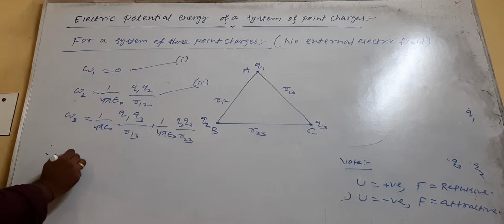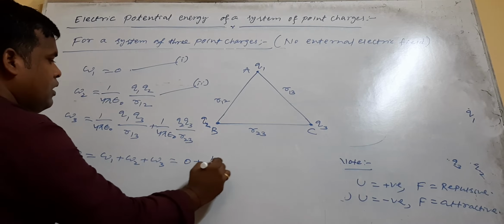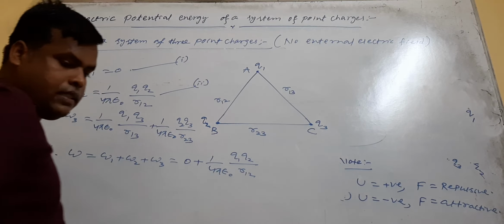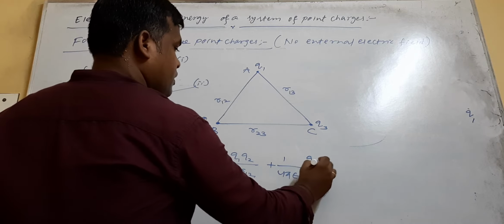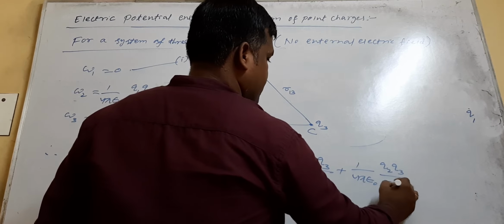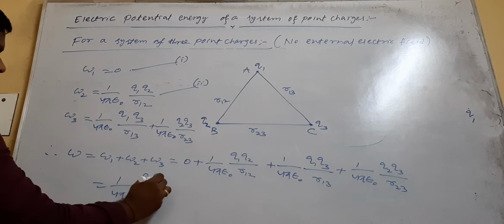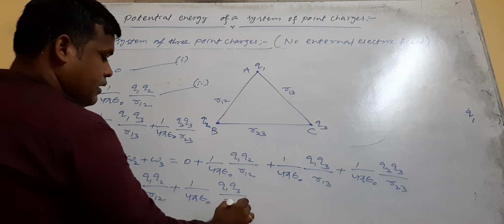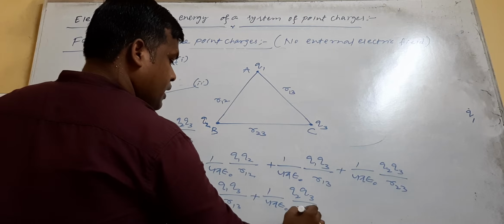Therefore net work done W is equal to W1 plus W2 plus W3, that is equal to 0 plus 1 by 4 pi epsilon 0 Q1 Q2 by R12 plus 1 by 4 pi epsilon 0 Q1 Q3 by R13 plus 1 by 4 pi epsilon 0 Q2 Q3 by R23.